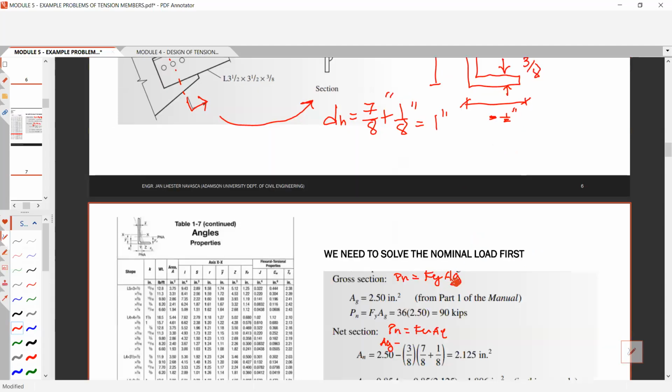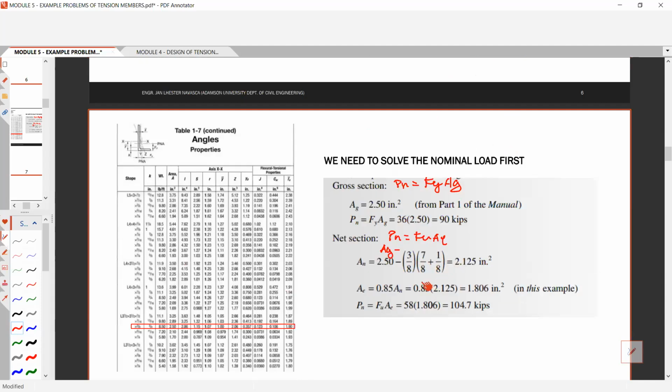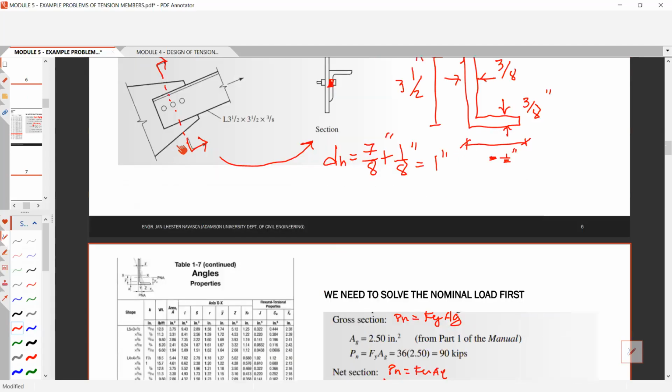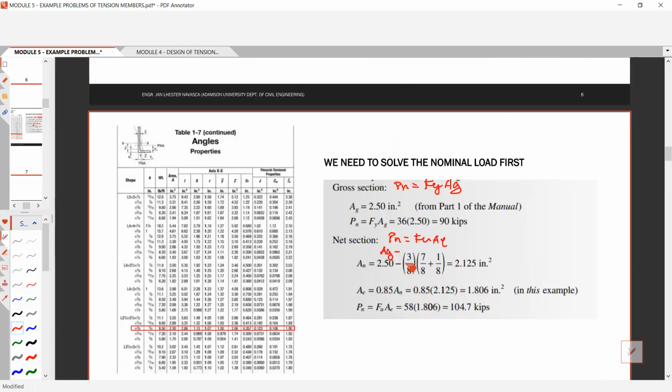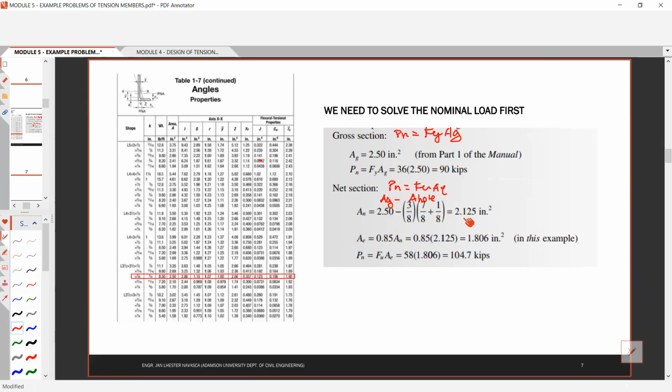So that is 3/8 multiplied by the diameter of the hole, that is 1 inch, or 7/8 plus 1/8. And since that is only one hole or one bolt, we multiply by 1. Therefore, your An is 2.5 minus this area, that is 2.125 square inches.